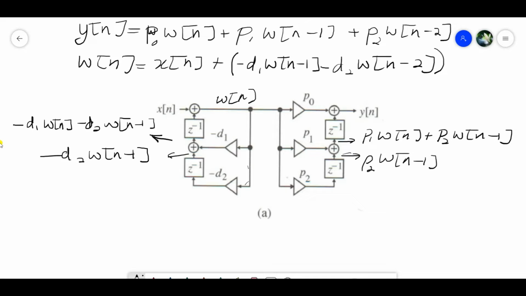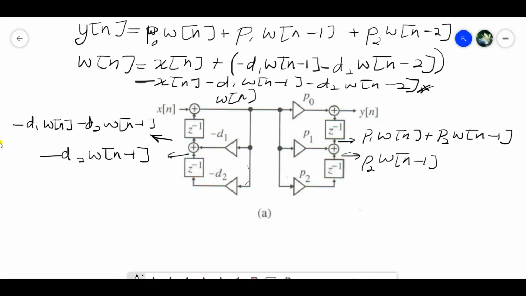Okay, right. So you can write wn as xn minus d1 wn minus 1 minus d2 wn minus 2. Okay, so once you have the expression of wn, then you are basically done.